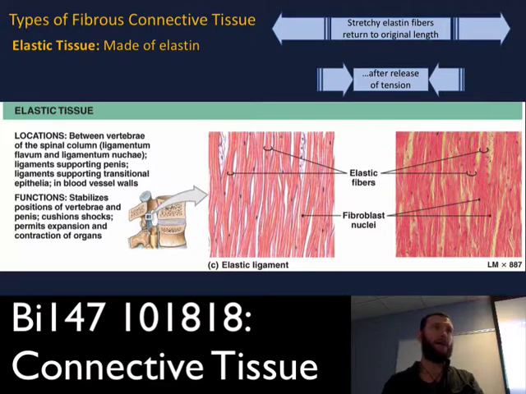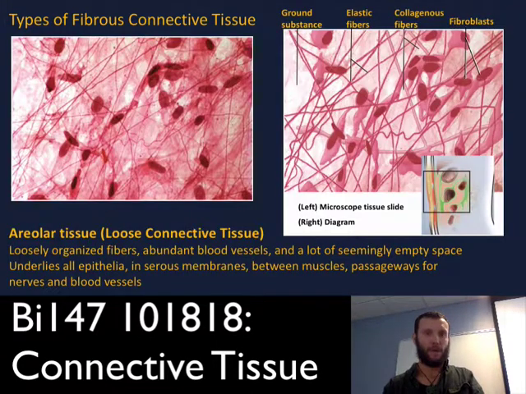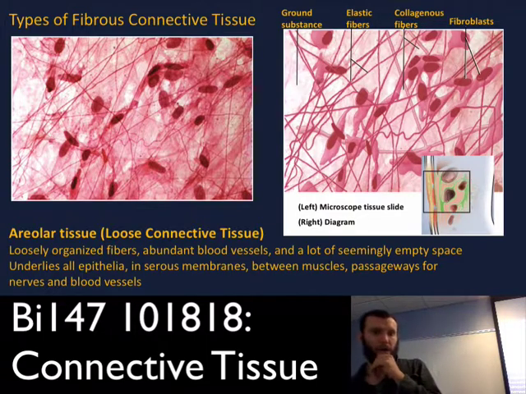They're looking at injury-mediated inflammation, but it's also just being sedentary. The more you stretch tissue, you're going to downregulate collagen production and make the tissue more pliable. Use it or lose it. So, areolar tissue.